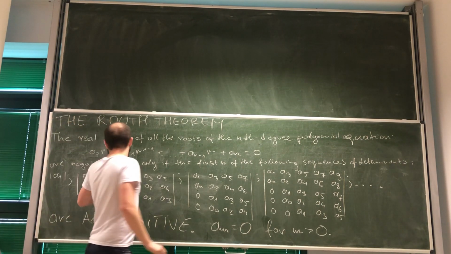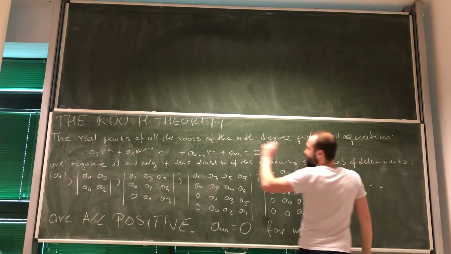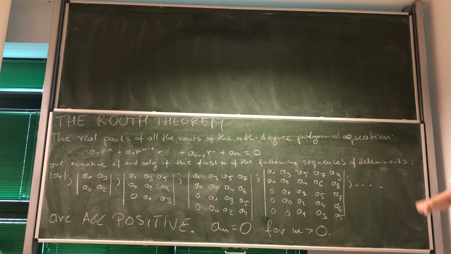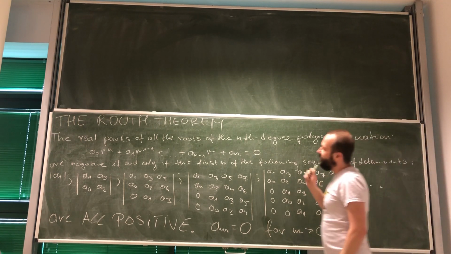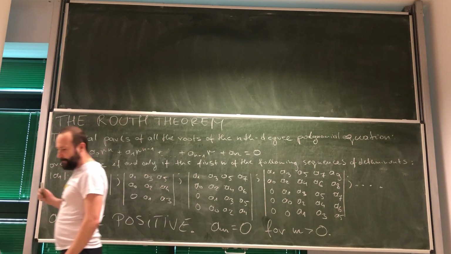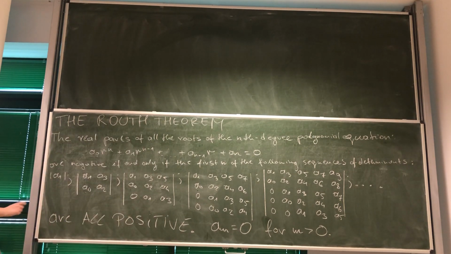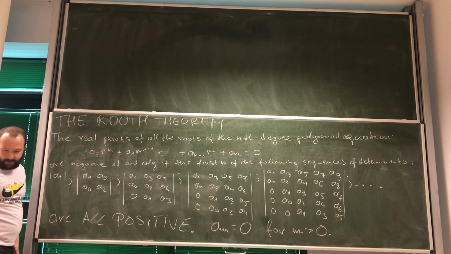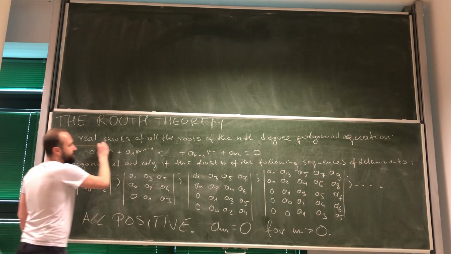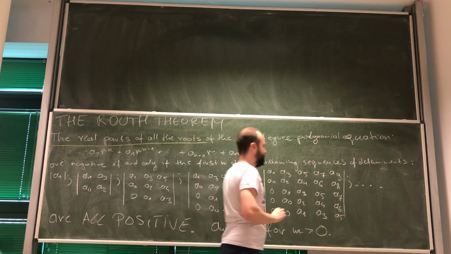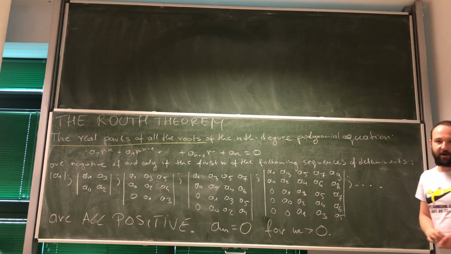Okay, so definitely we know that this theorem deals with an nth degree polynomial. Now look, before we move further, I just want to put your attention to this: the real parts of all the roots. What does it mean, real parts?